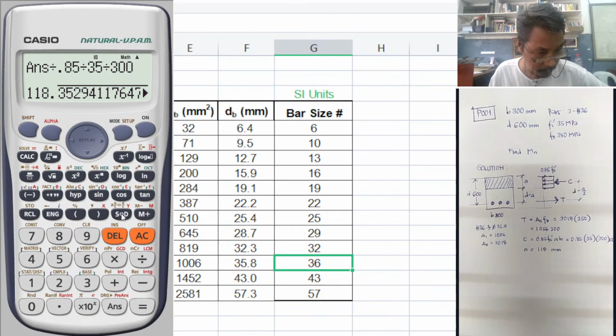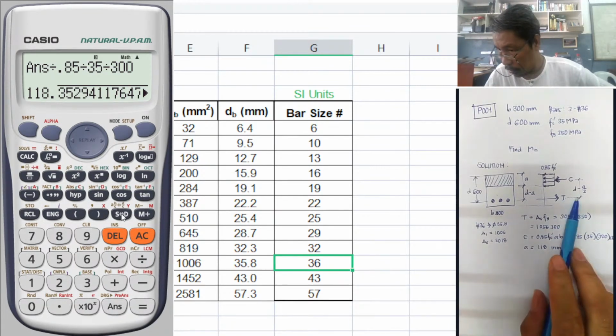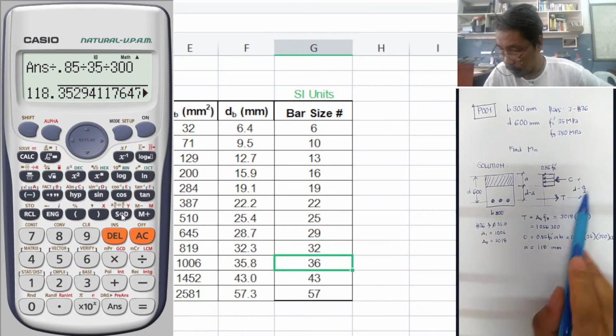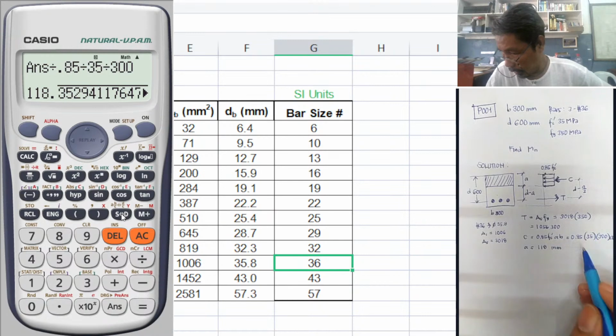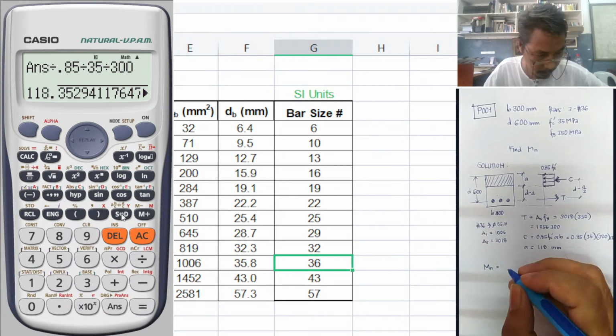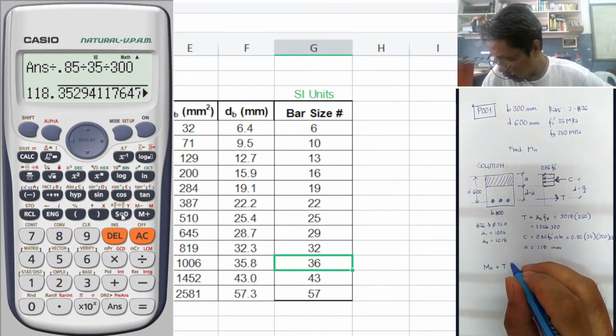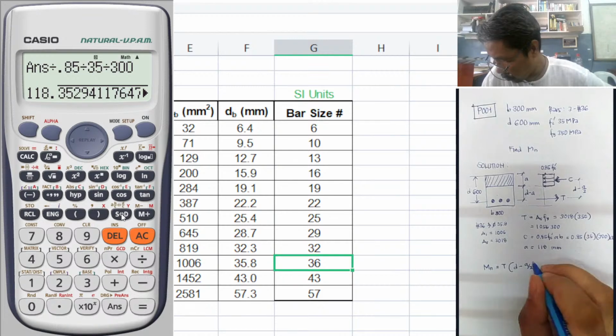Any question? After this one, let us go to solve for the nominal moment, which is T times this one, or C times this one, because C and T are equal to each other, so we can just multiply any one of those values by D minus A over 2.